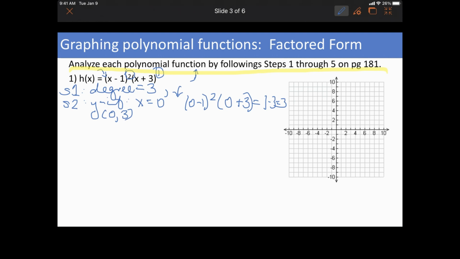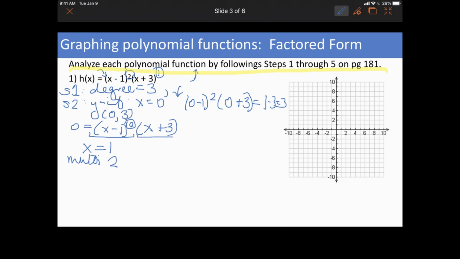Now the x-intercepts, it's when the y equals 0. And we've done this, right? So this is going to have to be 0. So this is the opposite, that's 1. What's the multiplicity? The multiplicity is 2 because of the exponent.